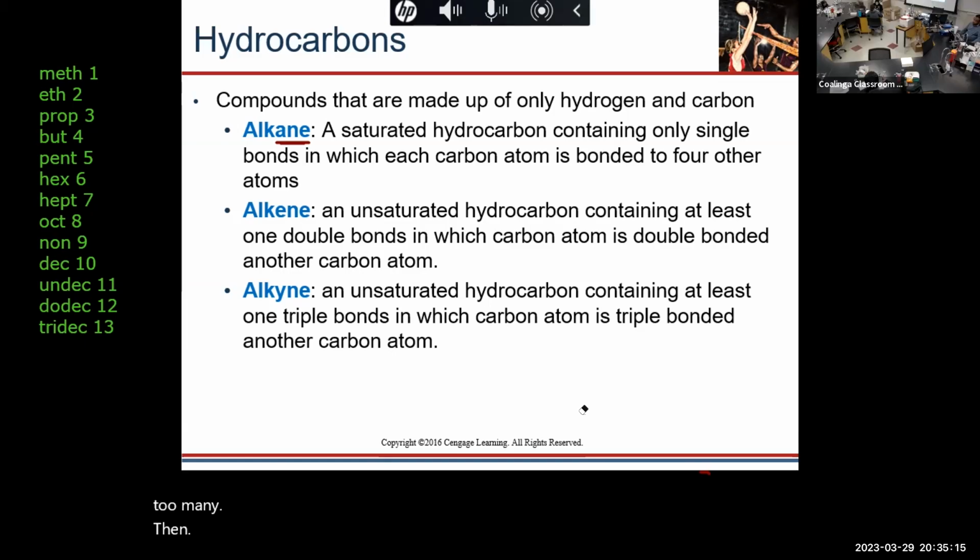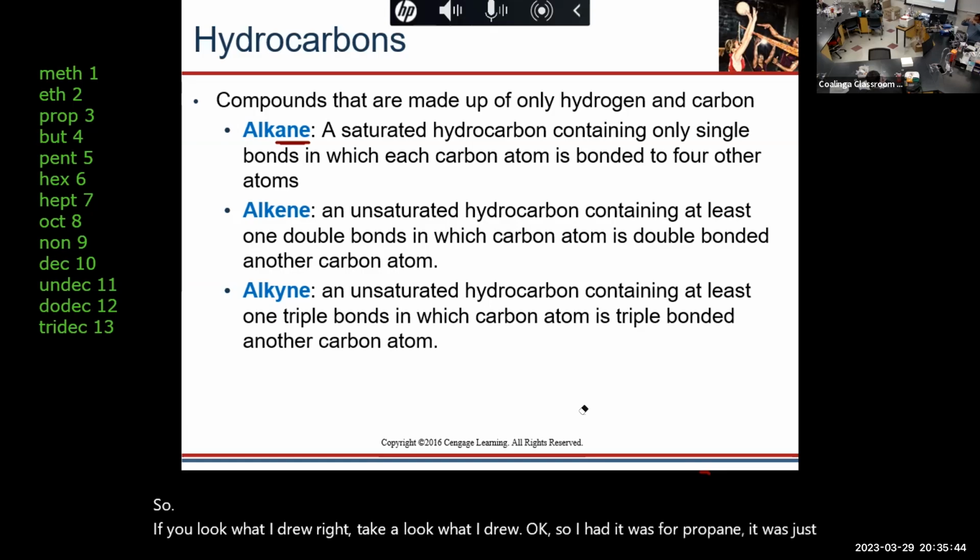Okay, so when the skeletal comes together to form a point, that represents 1 carbon. Take a look at what I drew. For propane, it was just a hat, right?